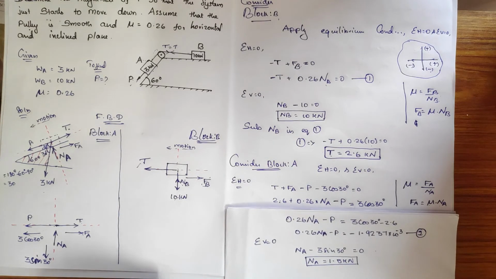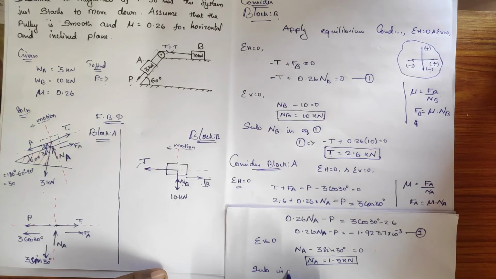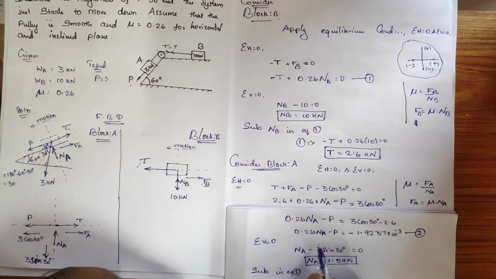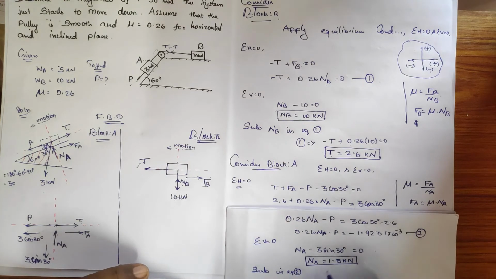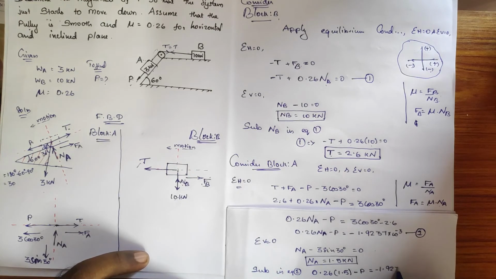Now we shall substitute in equation number 2, so that this equation number 2 will be 0.26 into 1.5 minus P, which is equal to minus 1.9237 into 10 to the power minus 3.